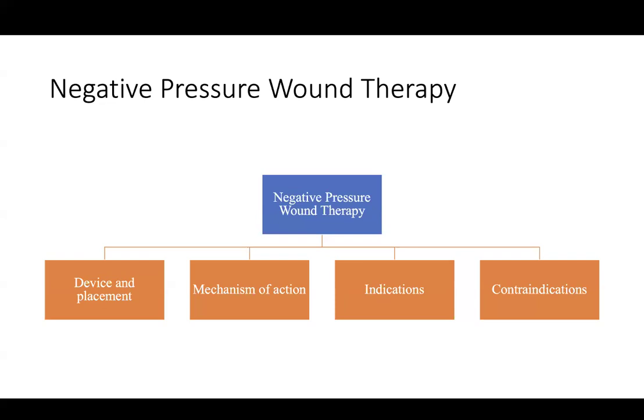Fluid is also removed because of the application of pressure, and the porous structure of the foam allows even distribution of the pressure throughout the wound, so positive pressure is applied to the wound surface, which varies between 5 to 10 mm.